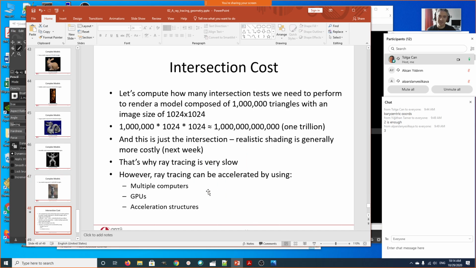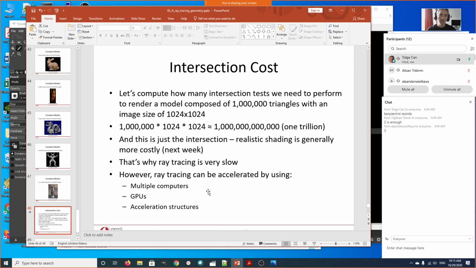And if you look at the intersection cost, if you have 1 million triangles and you want to generate an image of size 1 megapixel, it will make 1 trillion intersection tests in total. So that's why ray tracing with no optimization is really slow. I'm just thinking about ideas for optimization.